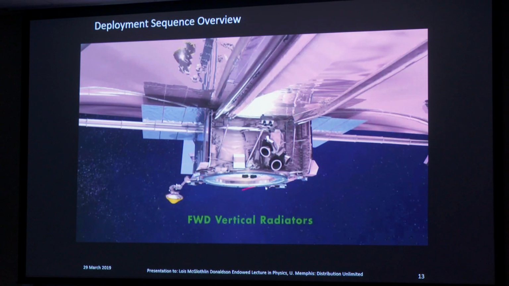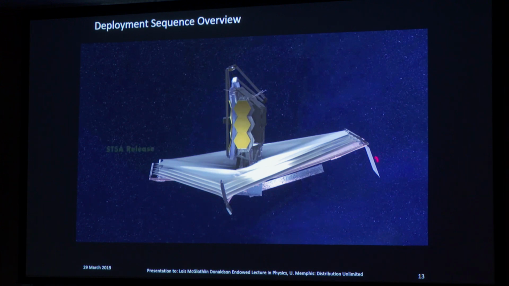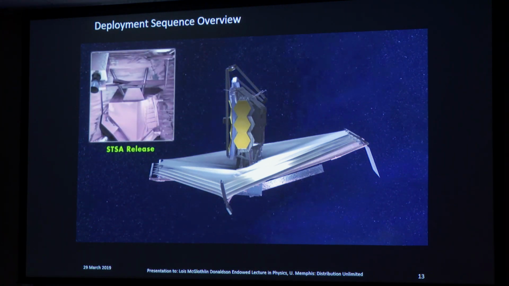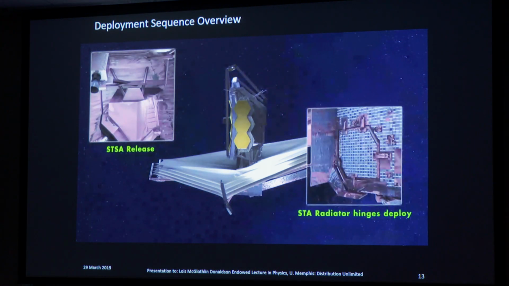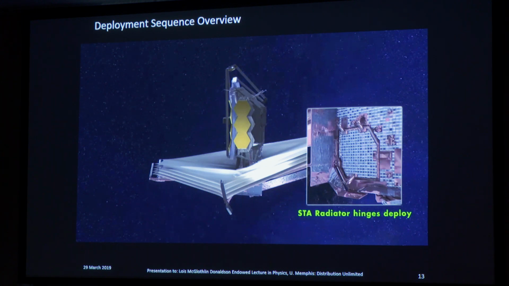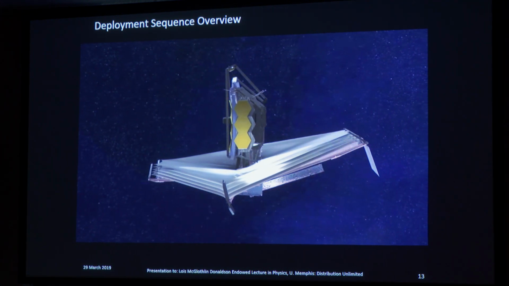This sunshade is like a giant sail, so we have to take that solar pressure into account. This is a little trim tab that helps us balance the JWST against the pressure of the sun.